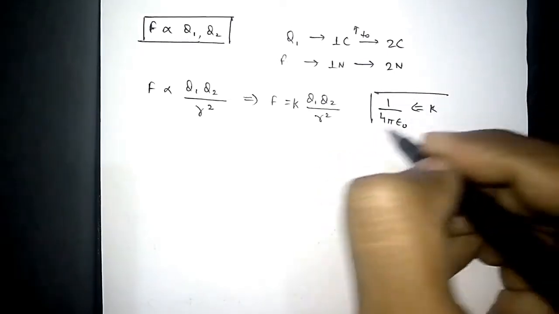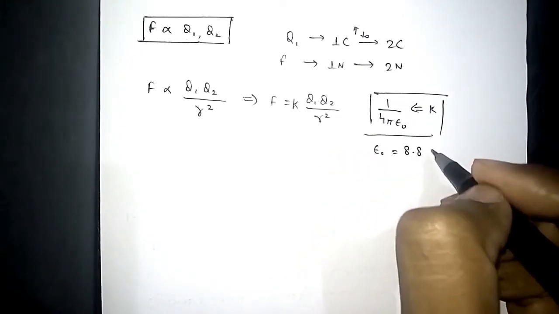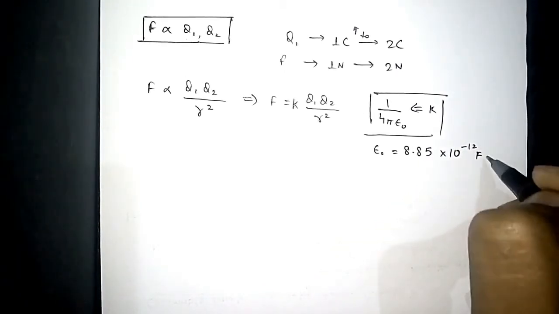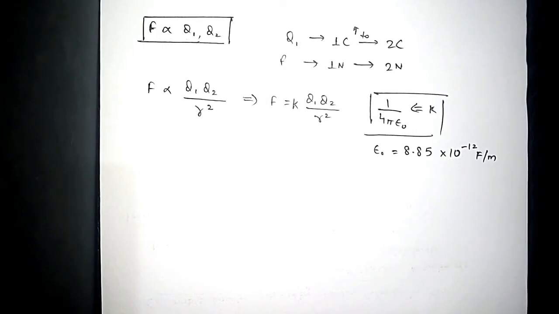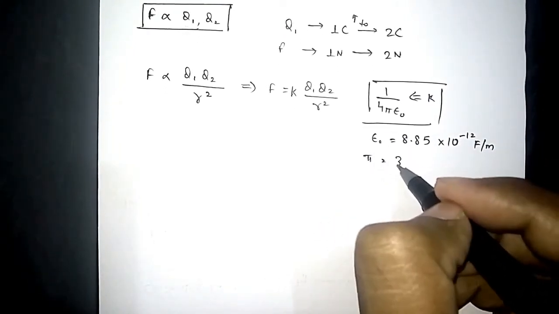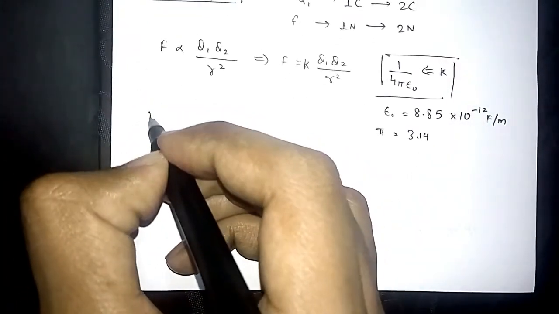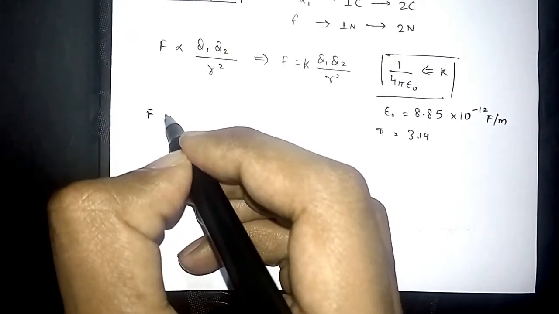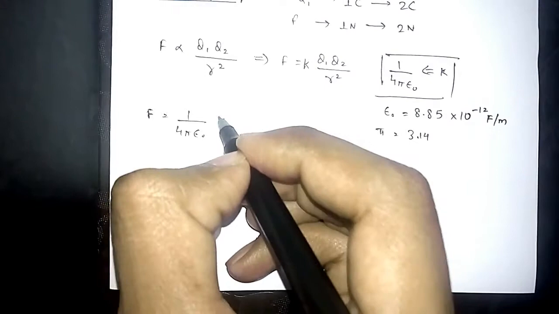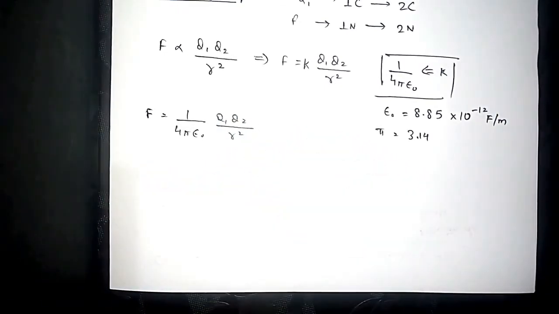Okay, where epsilon naught is 8.85 into 10 to the power minus 12 farad per meter. Okay, and we all know the value of pi, which is 3.14. Okay, then the final formula became 1 by 4 pi epsilon naught, q1 q2 upon r square.